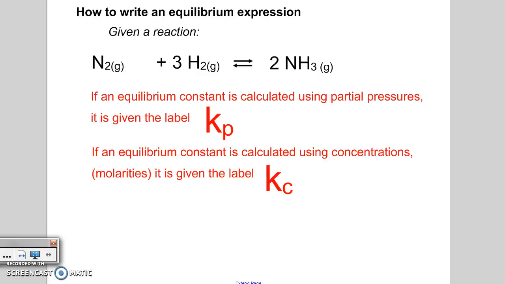If we were to measure them as molarities, which we could do for gases, it's not common, but we could do that, then we would label it Kc. For most aqueous solution reactions, which are quite common, we will use molarities, and this would be the label we would give it, Kc, C for concentration.